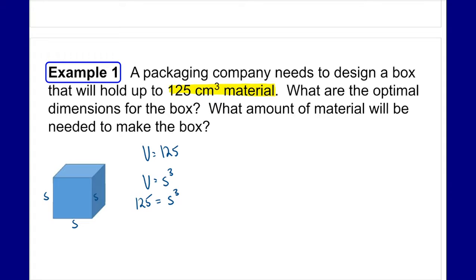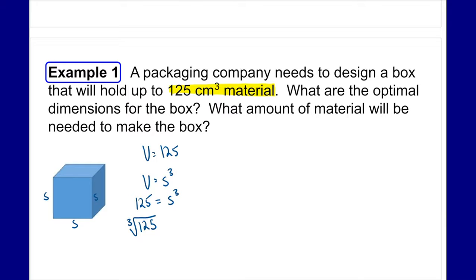Now we have to think about solving. How do we solve for this missing value? How do I cancel out cubing? What's the opposite of cubing something? The opposite of cubing something is taking the cube root, just like the opposite of squaring something is the square root.